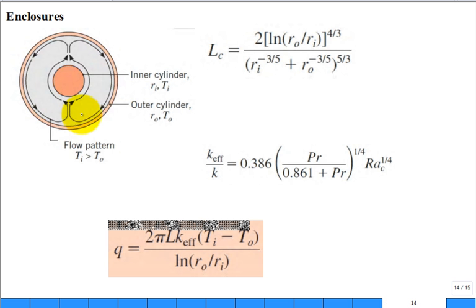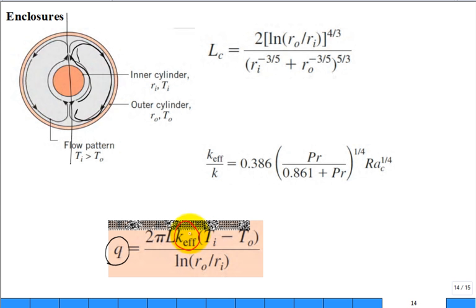So we have a flow pattern. You might suspect it's symmetrical about the center here, coming up and around and down. And they said what we'd like to do to predict the Q is to use an effective conductivity.